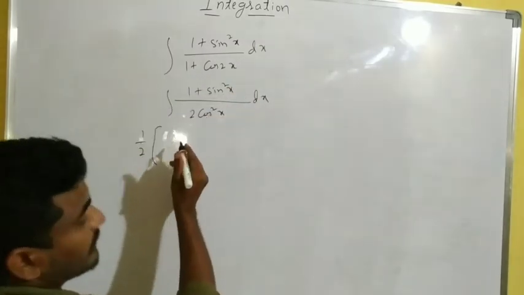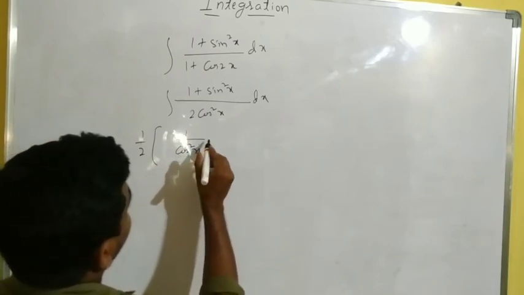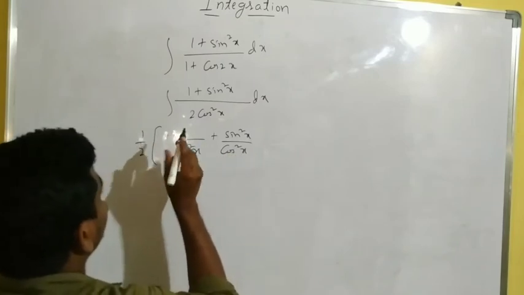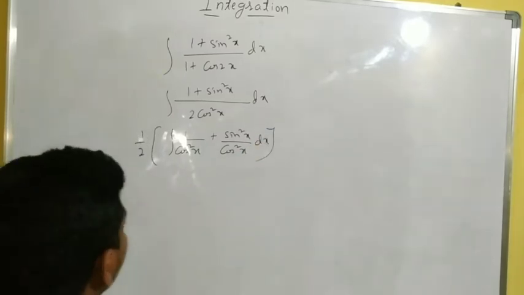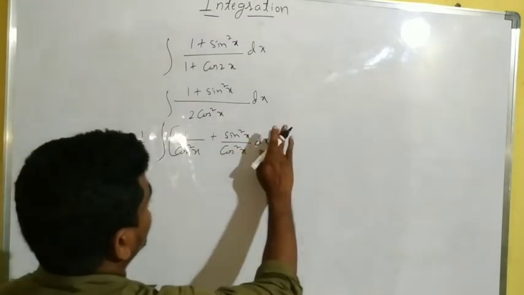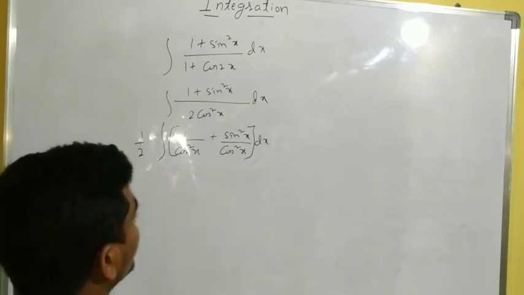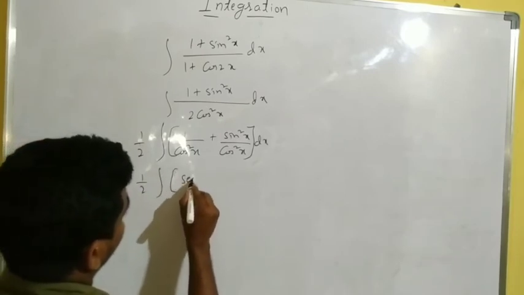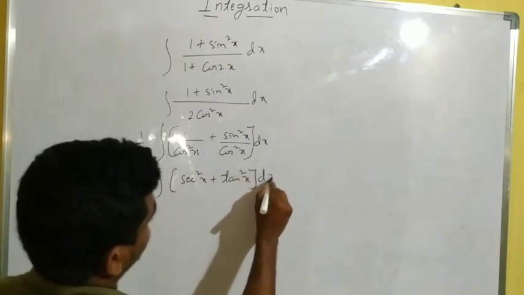Now I am taking the 2 outside, it is a constant, so 1 by 2 integration of 1 by cos square x plus sin square x by cos square x, which becomes secant square x plus tan square x dx.